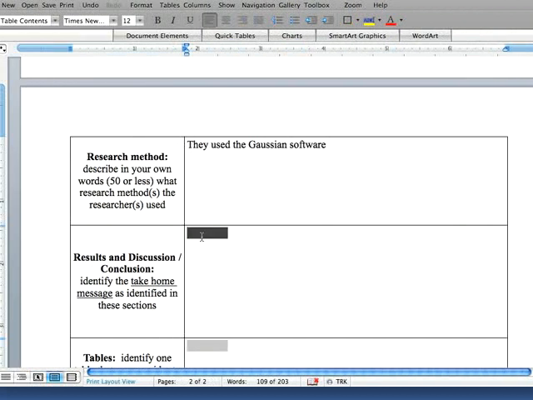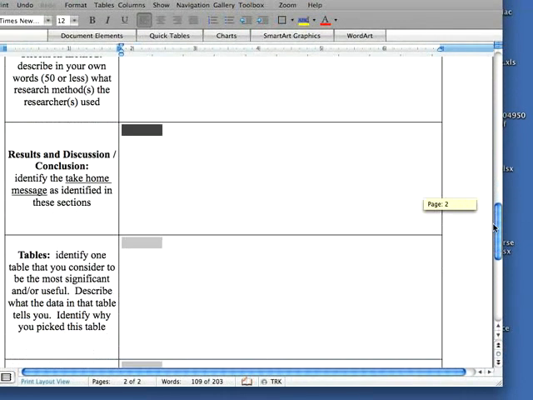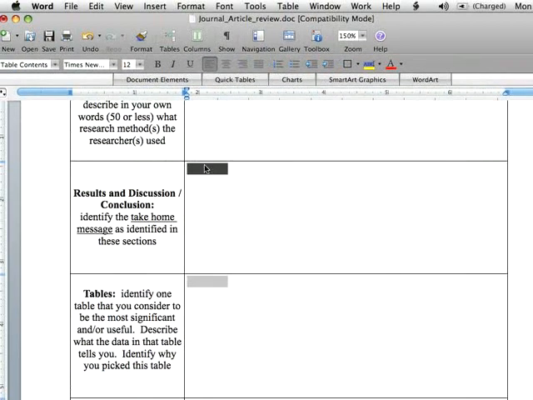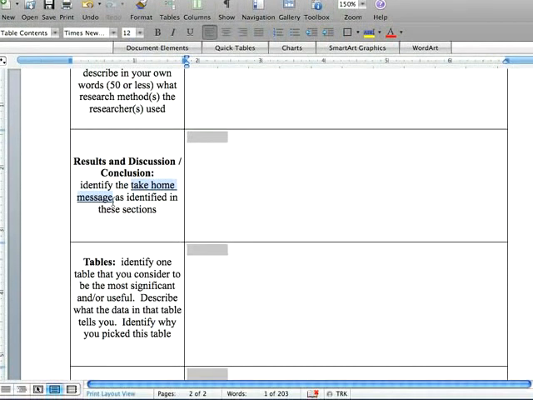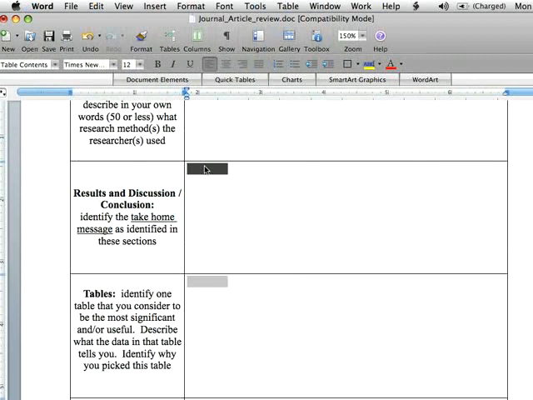In the results and discussion section, what you're going to try to do is identify the take-home message: what is the most important result or conclusion that came from this article.